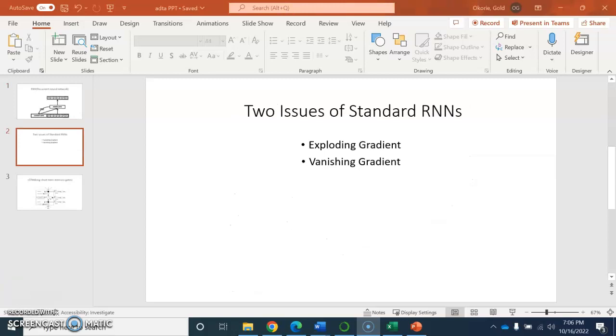Next, I will be talking about some of the issues that a standard RNN encounters. The two major obstacles that RNNs have to deal with are exploding gradients and vanishing gradients. First, I would like to talk about what a gradient means. A gradient is simply a partial derivative with respect to its input.